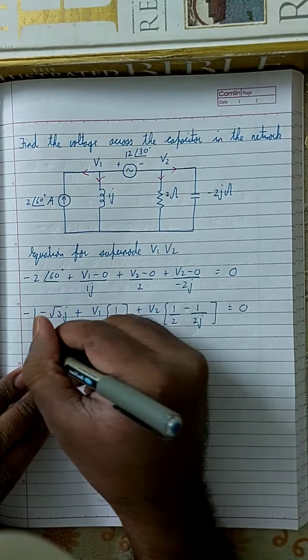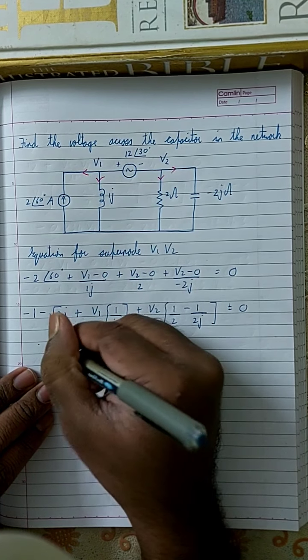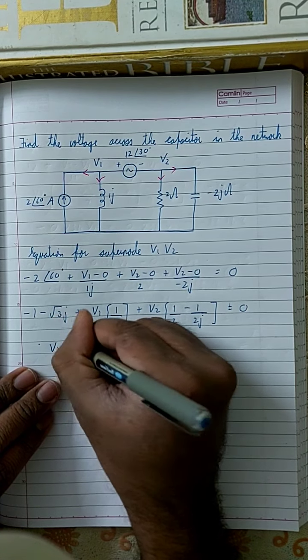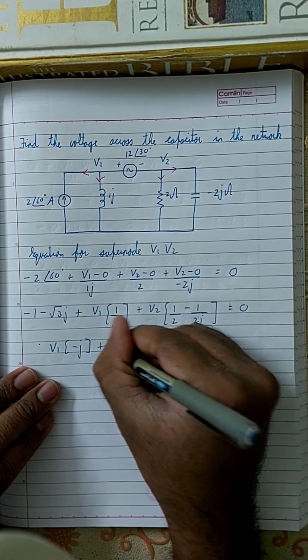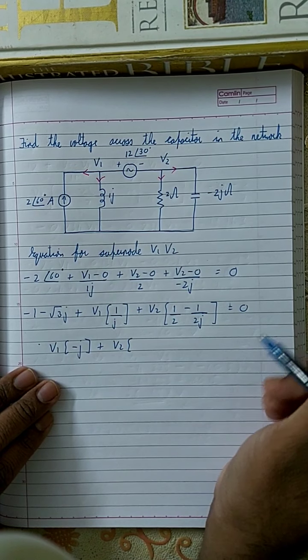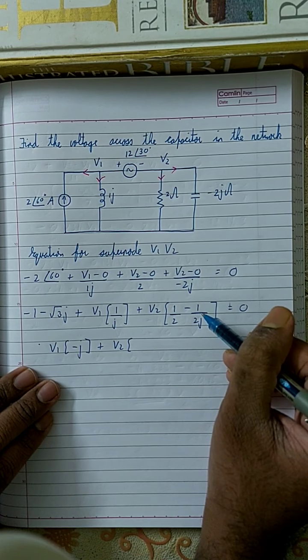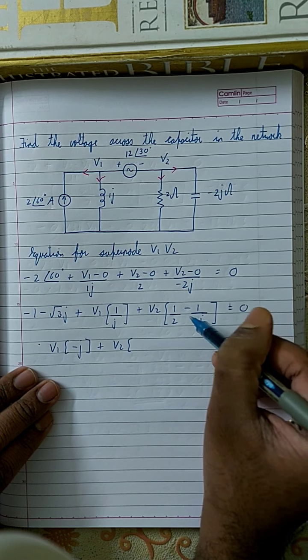Or this can also be written as, this is J into J, so this is minus J, so this is V1 into minus J. And what about this? This is plus V2 into, and 1 by 2 is 0.5, and this is also minus 0.5 by J. J into J means it becomes minus, so minus or minus becomes plus.